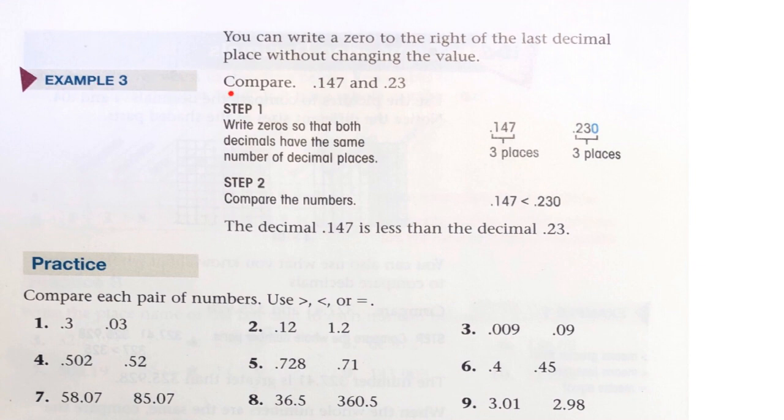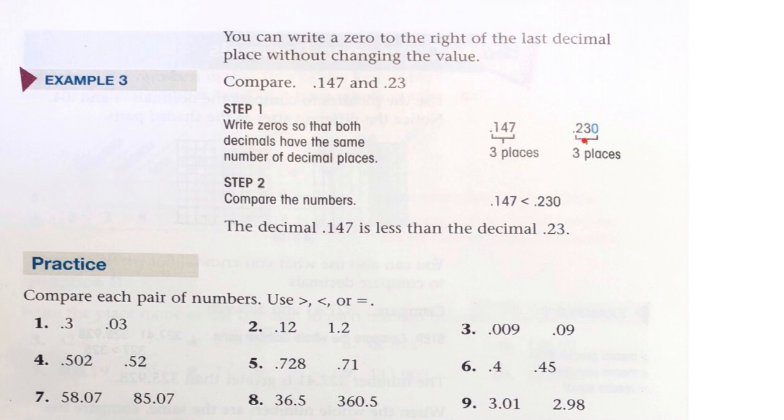For example, compare 147 thousandths and 23/100. Step 1, write zeros so that both decimals have the same number of decimal places. 147 thousandths has 3 decimal places: 1, 2, 3. So we add a 0 after the 3 in 23/100.